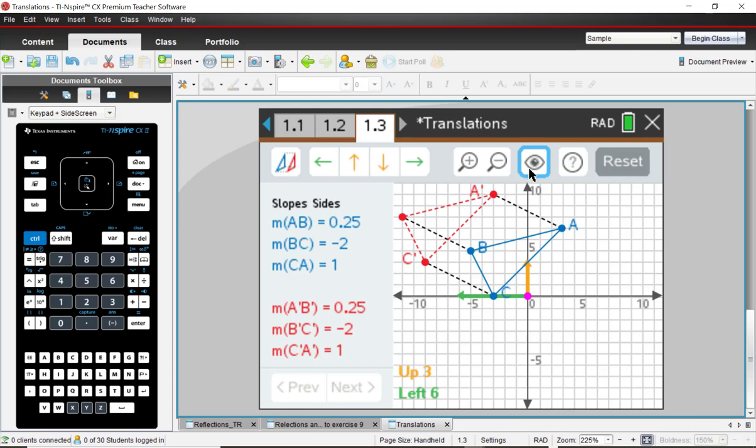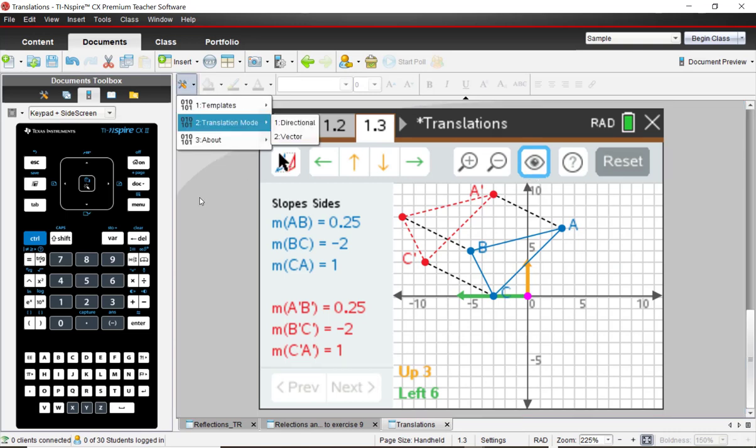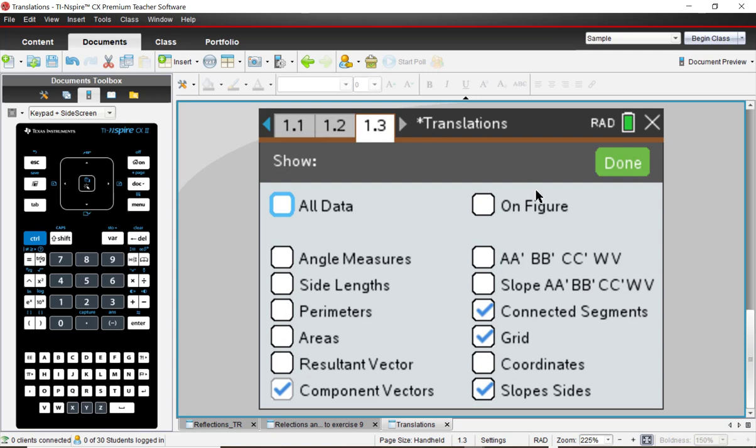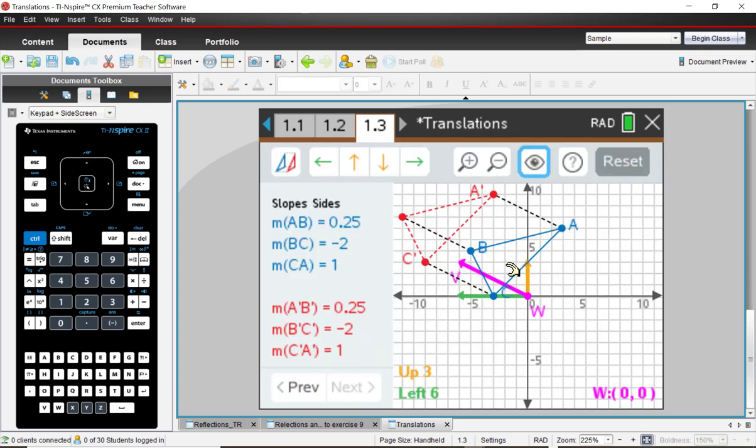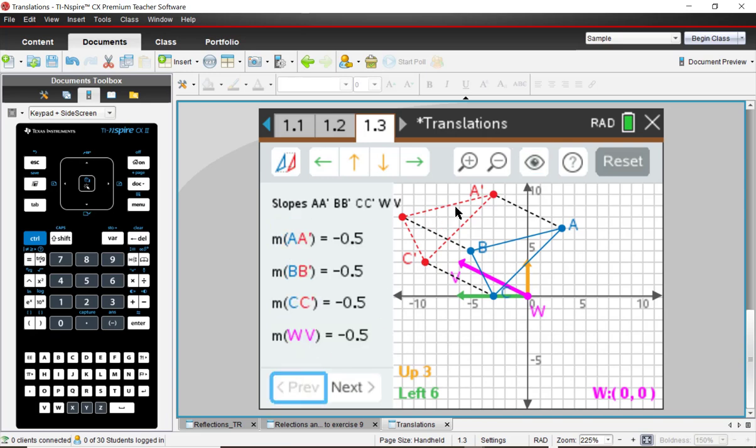And to verify that, let's go ahead and look at adding on in the menu the slopes of those sides and the resultant vector. And then I'll click Done. And so now when I hit Previous, it's showing the slopes of A and A prime, B and B prime, and C and C prime, and also the slope of the resultant vector.